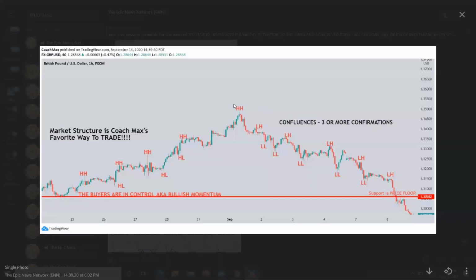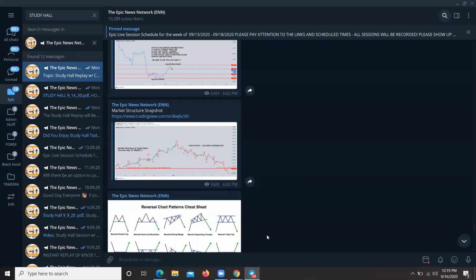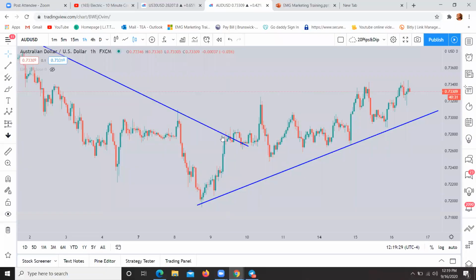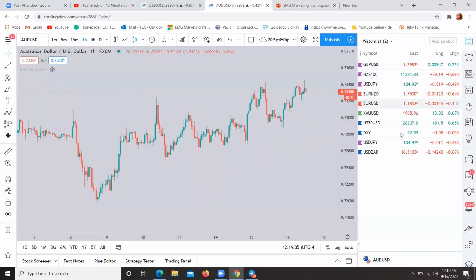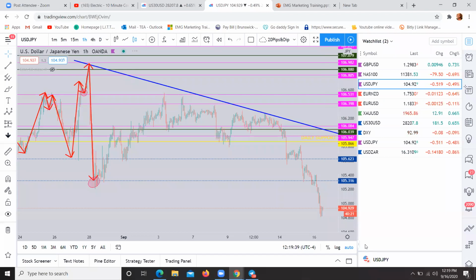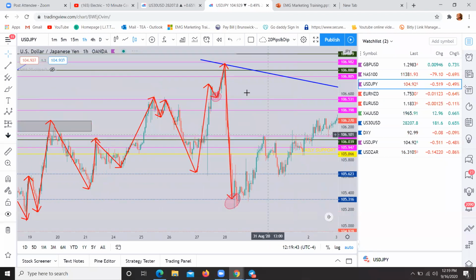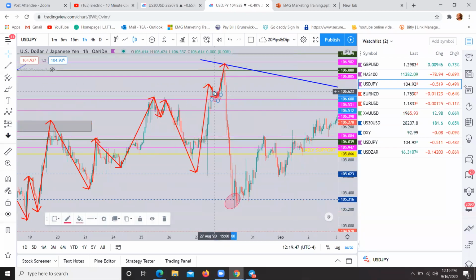So market structure, let me show you on a real chart. When I mastered market structure, let me tell y'all something: I used to ignore structure. I'm going to my personal chart for UJ. I spoke about this Monday. Let me tell y'all something about market structure.